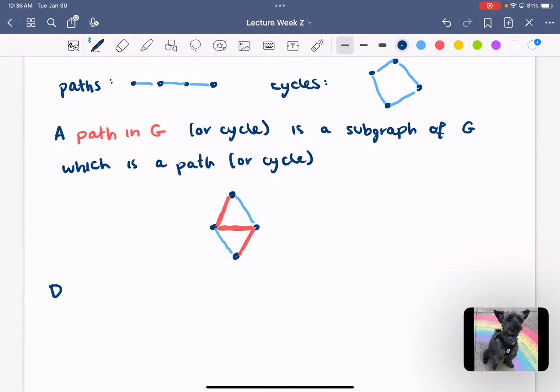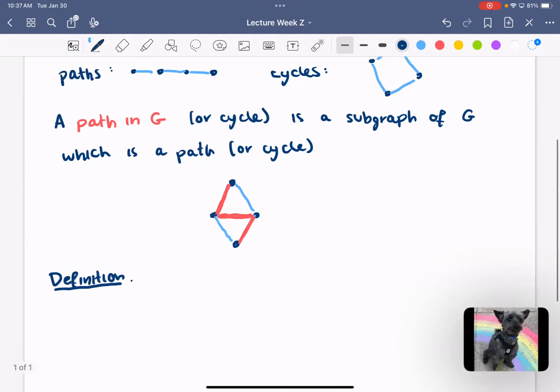So a walk, this is the first thing. This is not actually a graph. It's just going to be a list of vertex, edge, vertex, edge, vertex, edge that gives you instructions for how to walk through the graph.